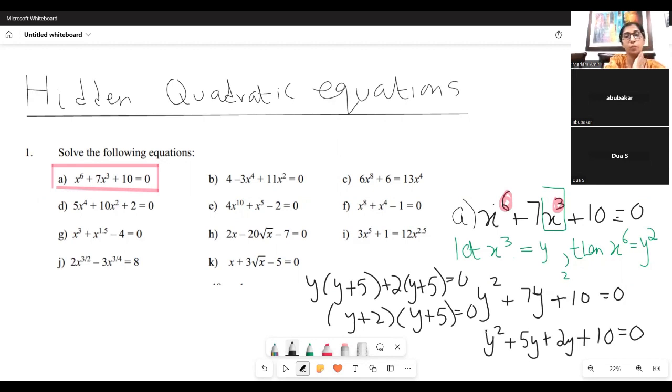So we're getting y equals minus 2 and y equals minus 5.